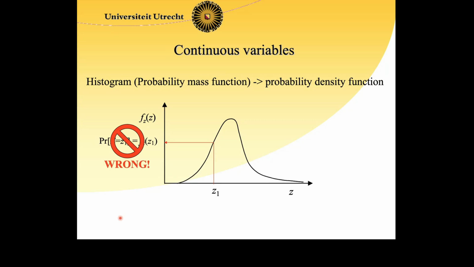The answer is we cannot. This is wrong, because the axis here is not an actual probability, but a probability density, which is something else. This is the probability per unit mass of Z. It seems a little bit abstract, but we'll come back to that in a few slides to see what I mean by that.